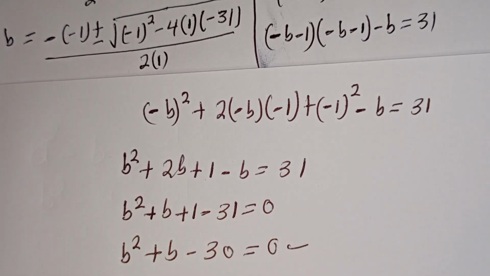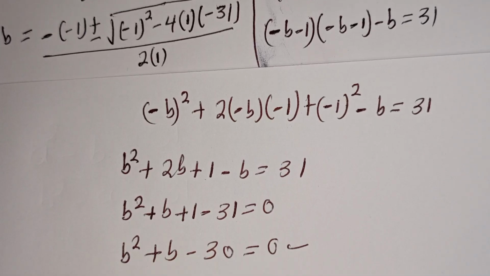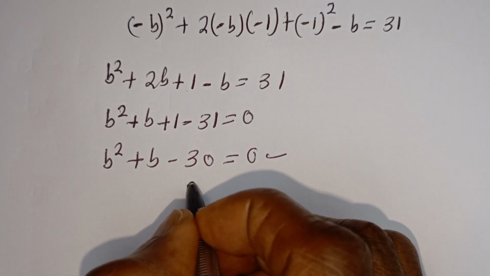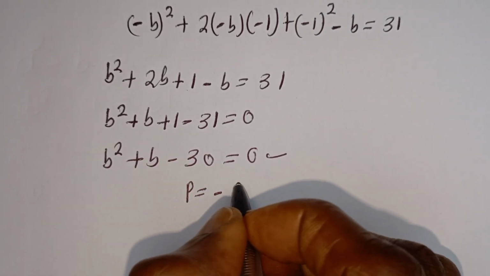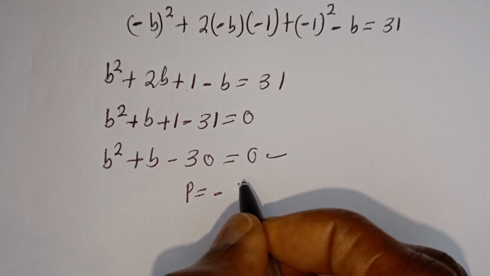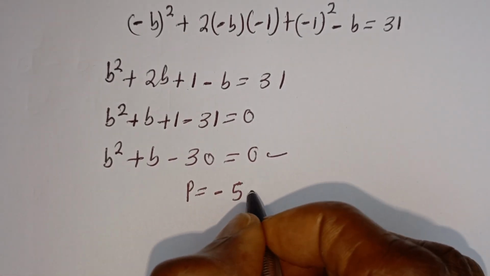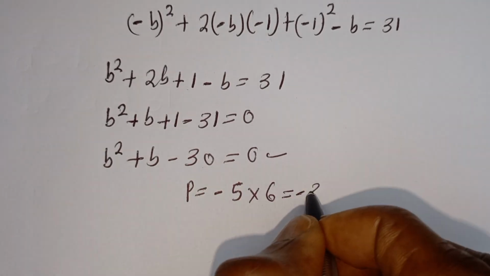This is a quadratic equation. Let's solve this using factorization method. Then here, the product P will be equal to minus 5 multiplied by 6. This will give you minus 30.